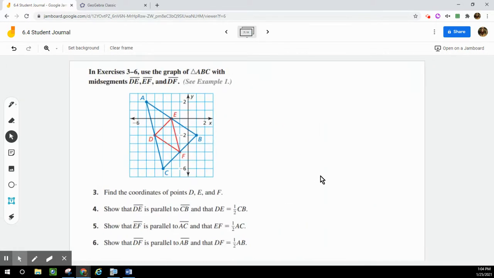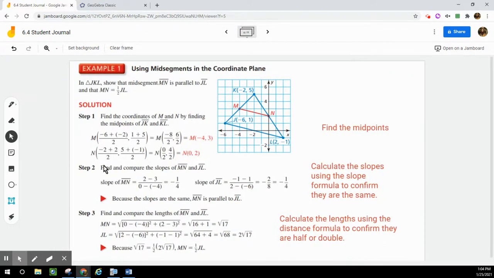As we work on problems in our book, it's going to have us working with showing in this mid-segment triangle that DE is parallel to CB and half its length, that EF is parallel to AC and half its length, and that DF is parallel to AB and is half its length. So we're going to take that 3-step process for that as well.